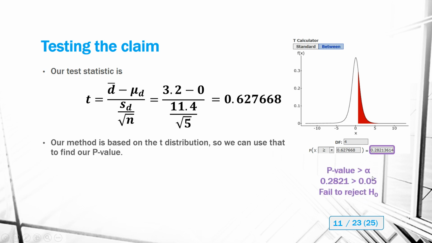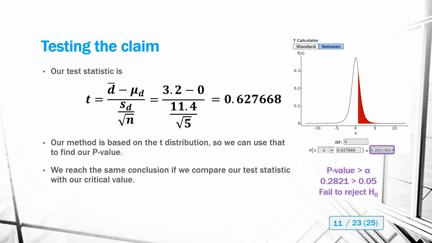Then I compare my p-value with the significance level of 5%, and I find that the p-value is much greater than 5%. That means the area represented by the p-value is larger than the area represented by alpha, or the critical region. So I can't fit the p-value into the critical region. I'm therefore outside the critical region, and therefore I fail to reject H0.